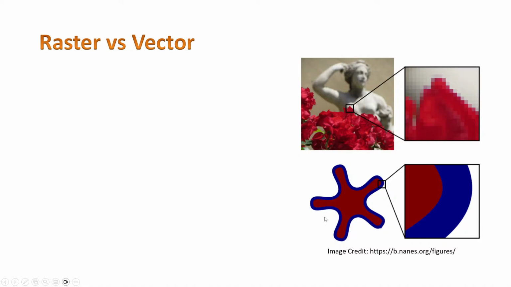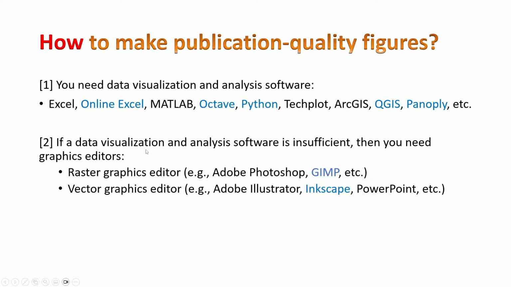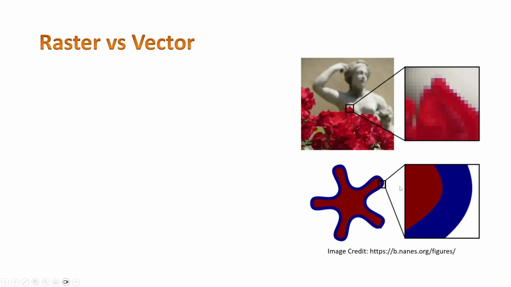If I take this part and zoom in, I don't lose any resolution, because these are not pixels, these are just lines and shapes. So this is a raster image, and for a raster image you would need something like Adobe Photoshop. This is a vector image, and for a vector image you will need something like Adobe Illustrator or PowerPoint, for example.